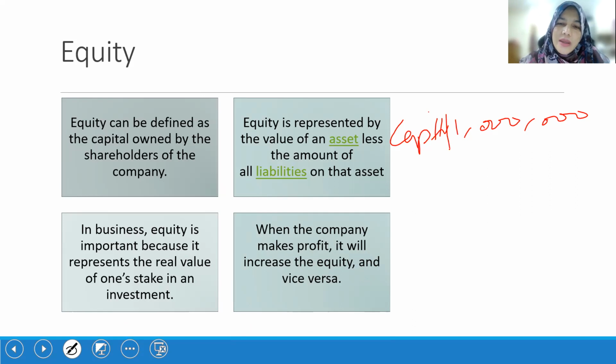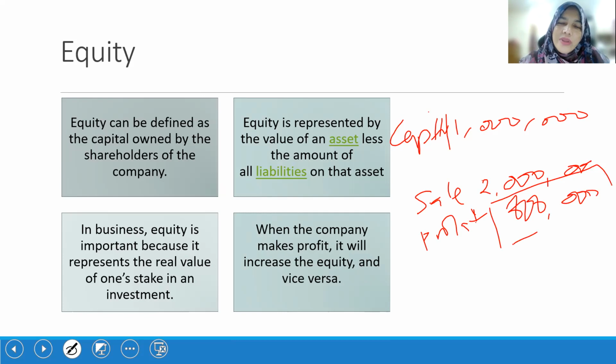Okay, and then when they buy and make sales, let's say they manage to make a sale of 2 million. From the sale of 2 million, they make a profit. Let's say a profit of 800,000. So now the profit of 800,000 will be added here as value added to the company after the year end. After the final year end, this 800,000 profit will be added into the capital.